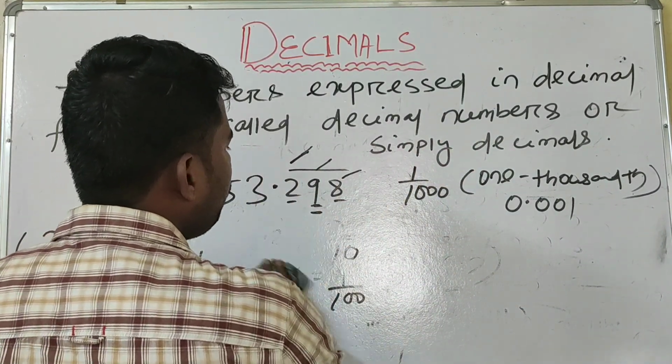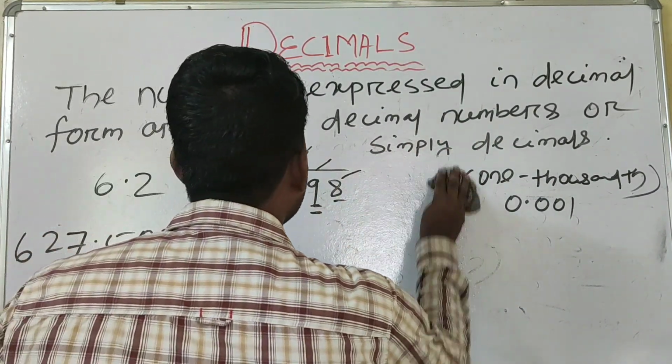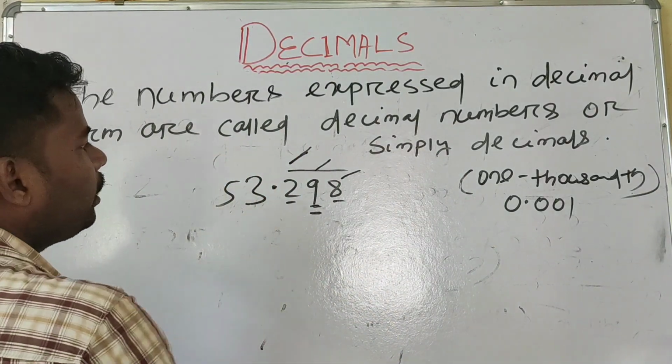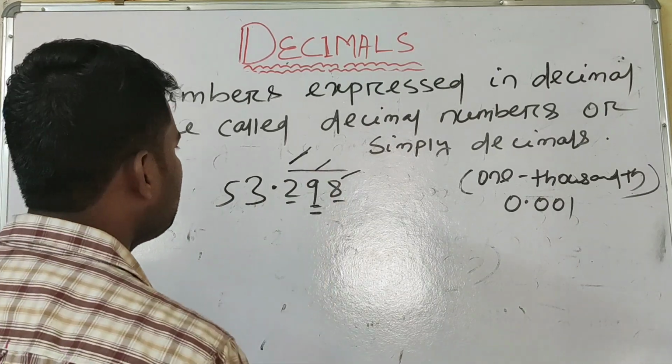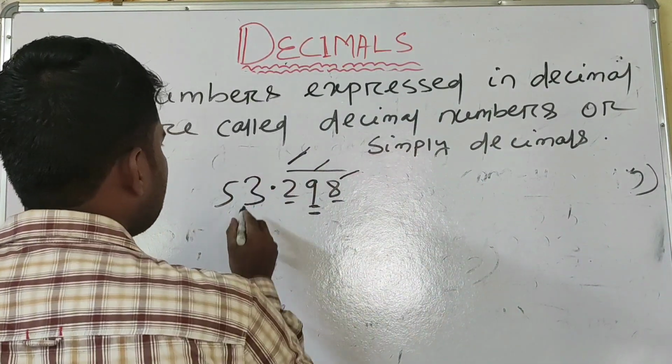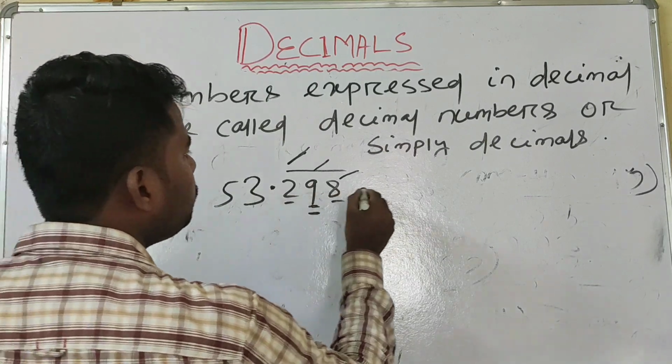Now we know how to write decimal numbers. We know how to write the whole number part, but we don't know how to write the decimal part. Now we will learn how to write this one.